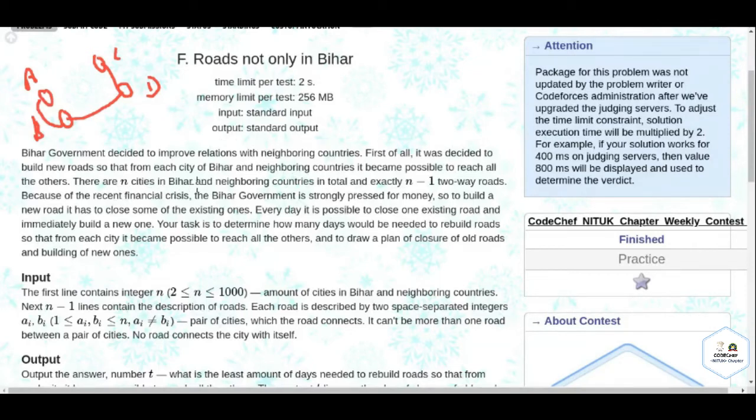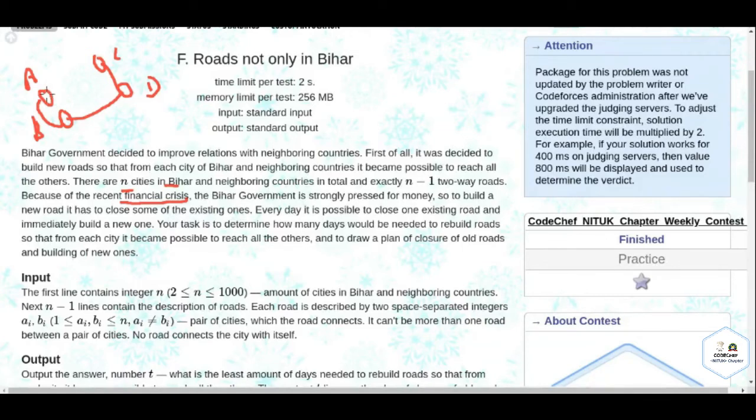Okay, but there are n cities in Bihar and neighboring countries in total. So including all the cities, we have a total of n cities, and exactly n minus 1 two-way roads. There are n minus 1 roads already. But because of the recent financial crisis, the Bihar government is strongly pressed for money. So to build a new road, it has to close one of the existing ones.